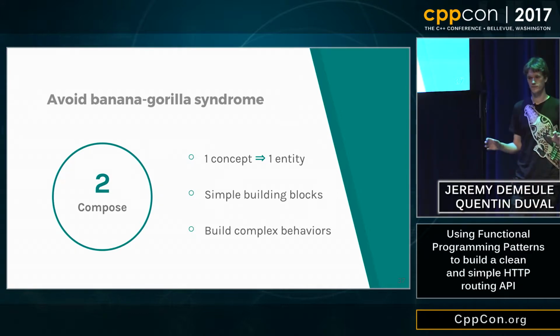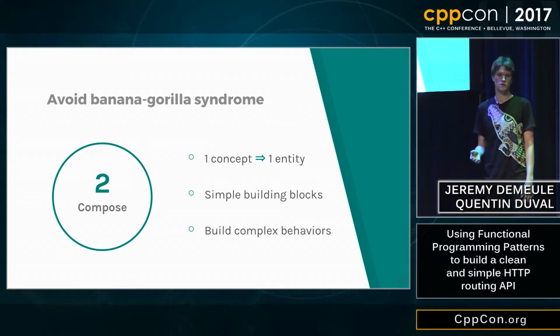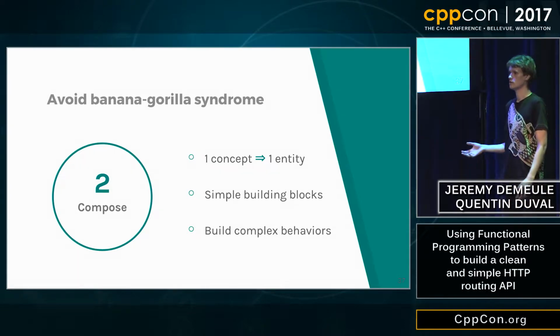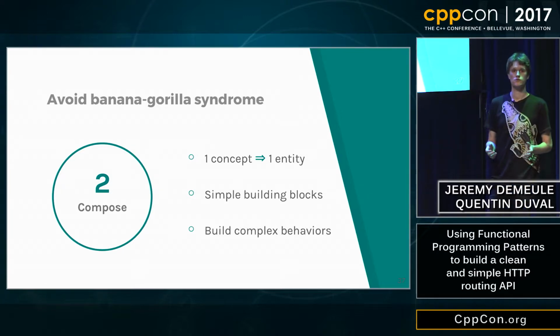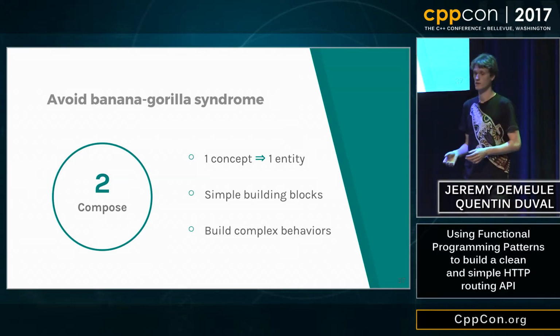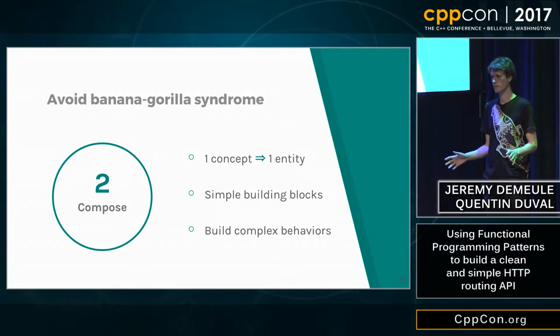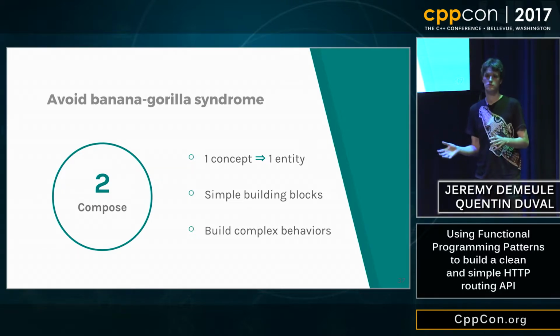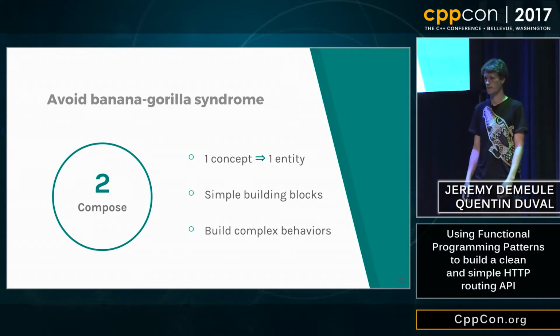They are separate. Obviously, at some point, we will have to build the router. So we'll have to find ways to combine them, and the way we're going to do this is by composition. We want to keep really simple building blocks, and then, via the combinatorial power of composition, we want to find ways to assemble them together in many different ways.